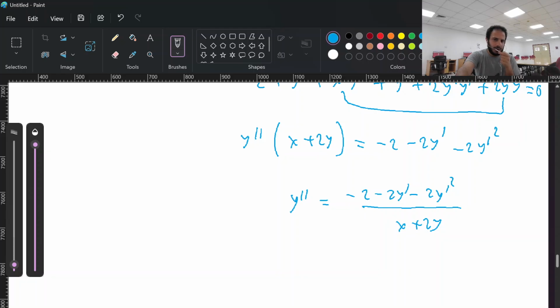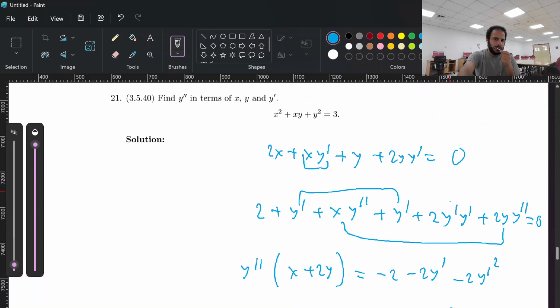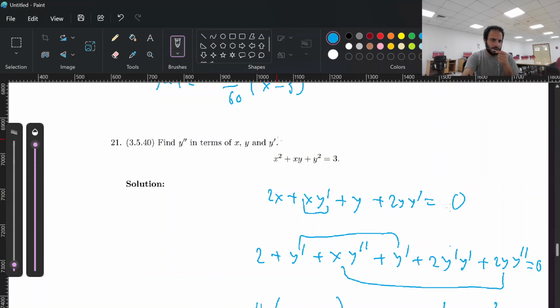Now, if you want to solve in terms of x and y, what do you do? The question tells you in terms of x, y, and y prime, but if we assume it's in terms of x and y, here you solve for y prime. You get y prime equals what? Equals minus 2x minus y over x plus 2y, right?